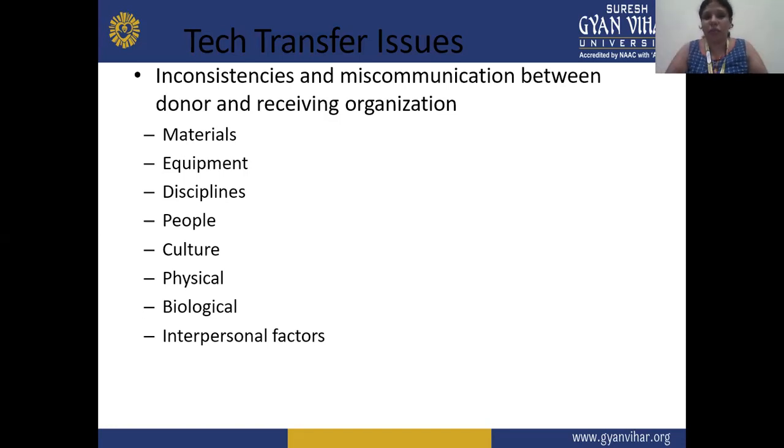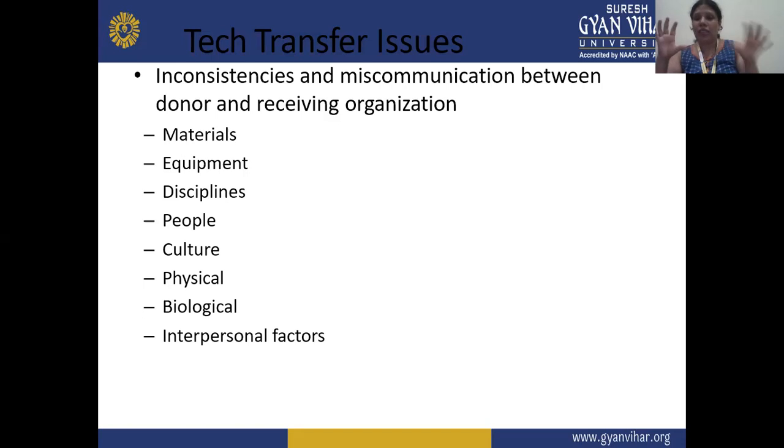If there is miscommunication, if there is inconsistency, then issues related to the technology transfer may occur. So for best technology transfer, the communications should be sharp, and there should not be any inconsistency. That means consistency should be there between the donor and the receiving organization. We have discussed that one is giver, or donor, one is the receiver.